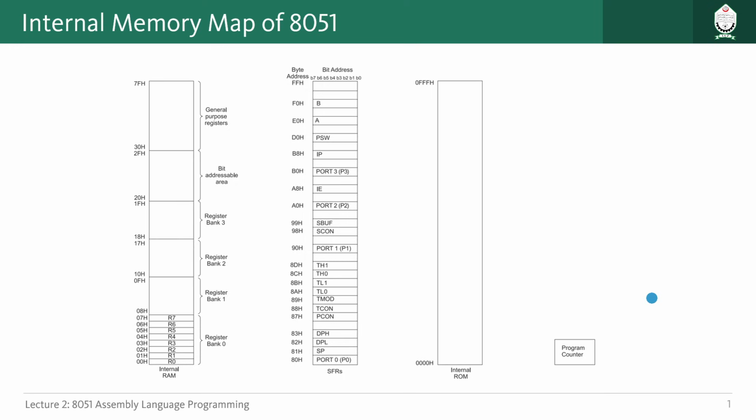So how we plan to go through this course is, in parallel we will try to understand the behavior of registers and also understand assembly language, how assembly language can be used to manipulate or use those registers. So here you can see the overall memory map of 8051.